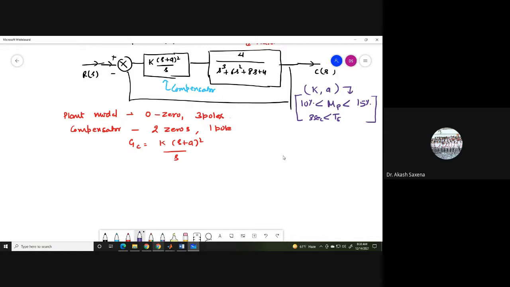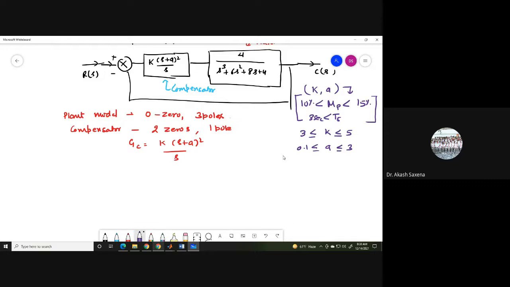Now, the problem is also complex, because it is given that the value of K should be between 3 and 5, and the design parameter a should be between 0.1 and 3.